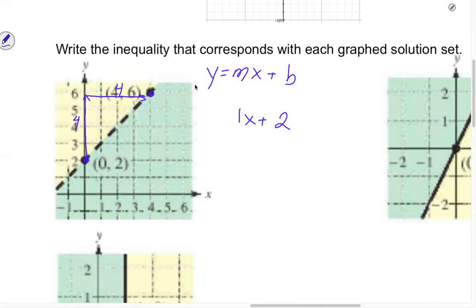But now I've got to figure out what goes in between. Well, first off, is the line solid or dotted? Dotted. Am I shading above or below the line? So y must be less than. See how it's kind of like fill in the blank?